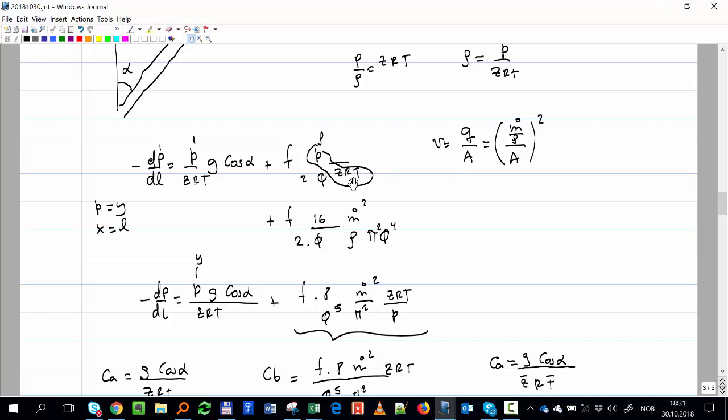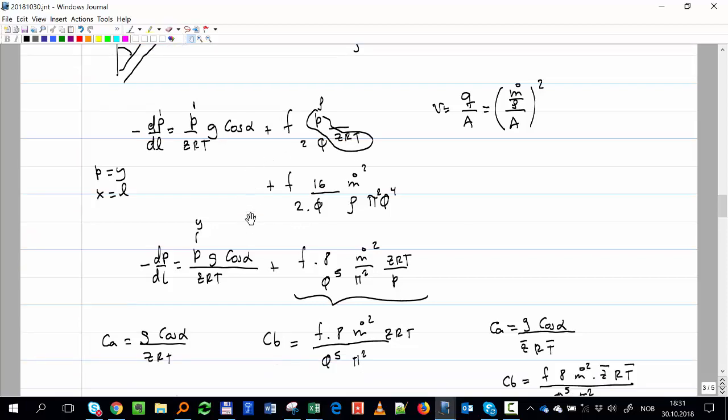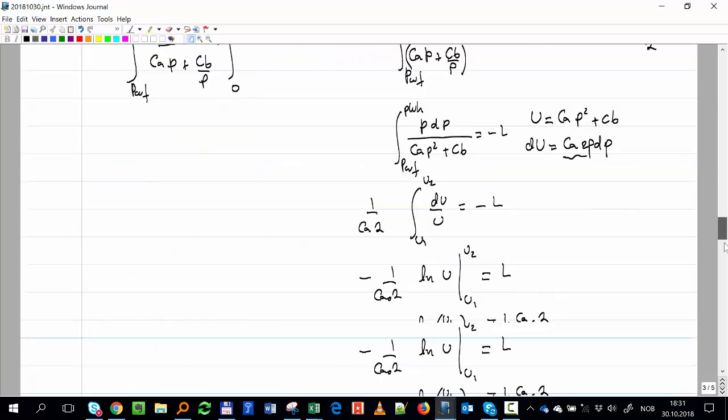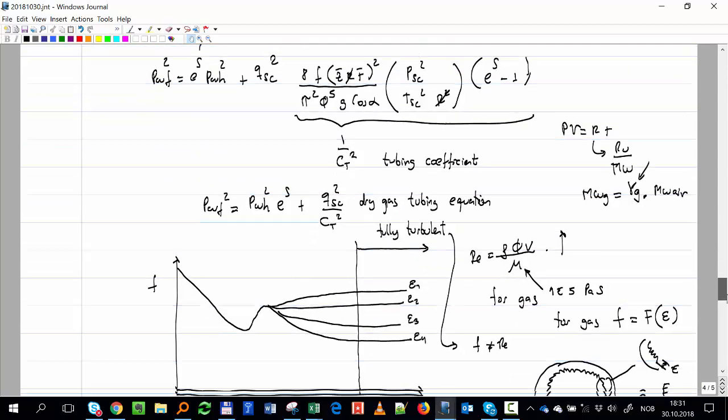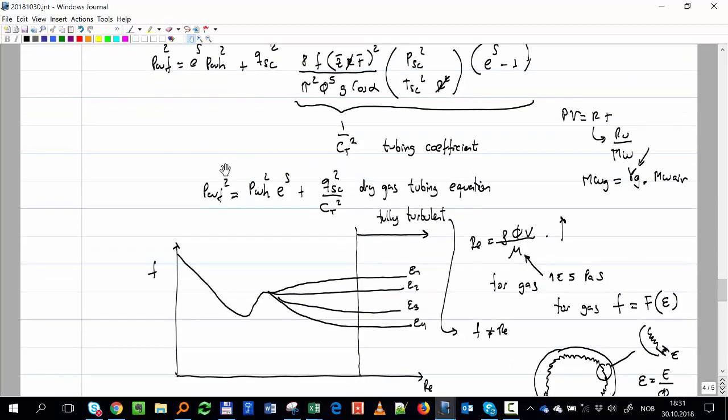In multi-phase, things change so much that I cannot use this approach. I have to do it segment by segment, so I have to make a numerical integration. In this case, I can make an analytical integration, and I found a formula which is very convenient and very powerful. By using average S and average CT, I can reproduce the whole pressure drop in the tubing.